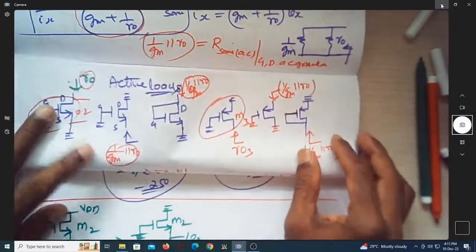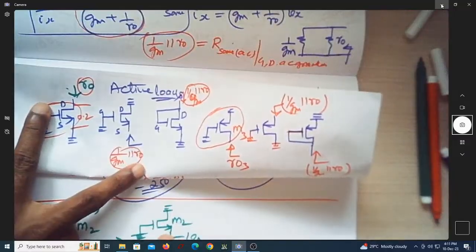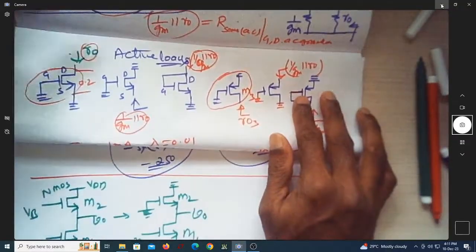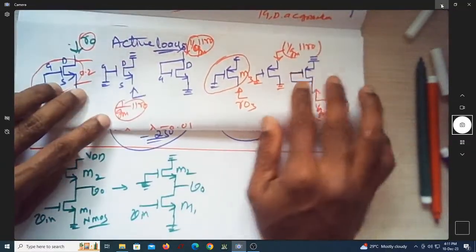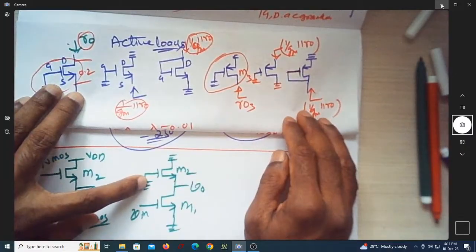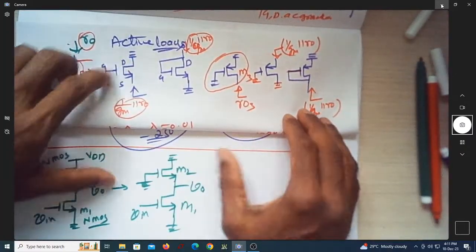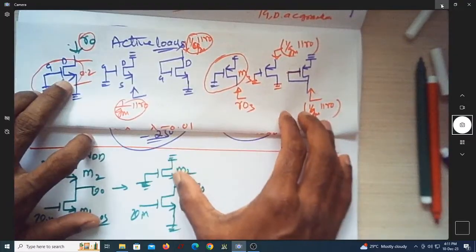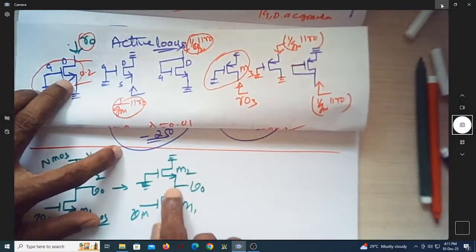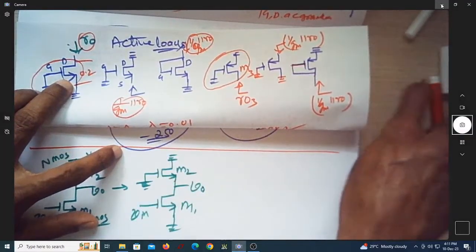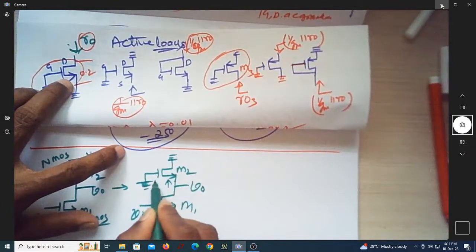Is this the situation you have? Just have a look here. Is the gate grounded? Is the drain grounded? Are you looking into the source? What is the resistance looking into this? It is 1 over GM parallel to R.